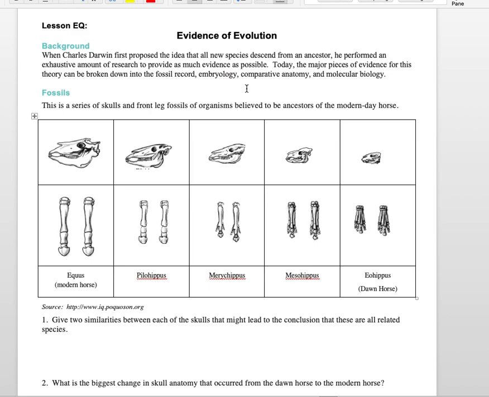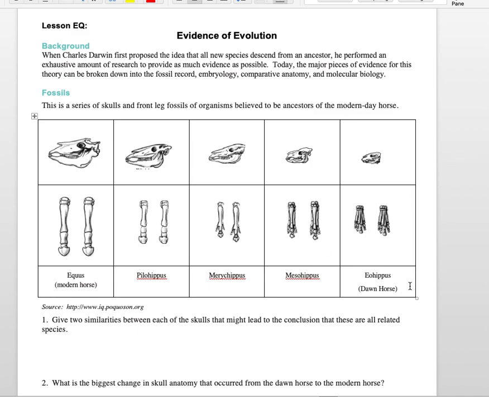This little video clip is just going to review some activities for you to see how the fossil record was used to come up with theories of evolution. If you look at the chart, you can see that it is showing a series of skulls and front leg fossils of organisms believed to be ancestors of the modern day horse.